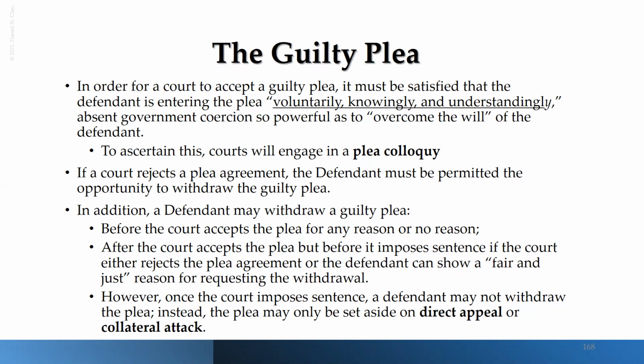And the idea that people have, and it's an unfortunate one that I hear a lot, is why would you plead guilty to something you didn't do? Well, as we've seen in the lecture, and as you've seen in other classes, you would plead guilty to something you didn't do to avoid the consequences of being found guilty, of the worst things that could happen.